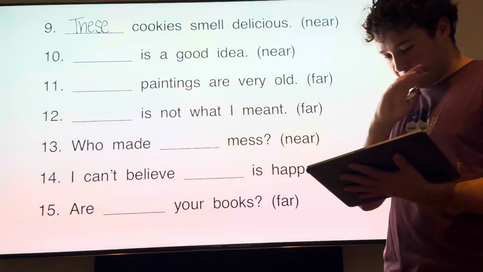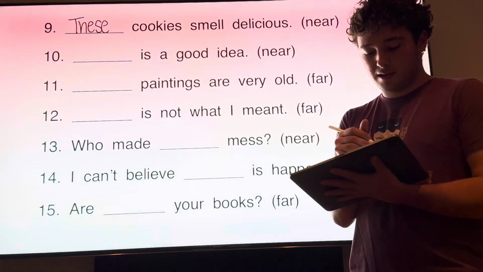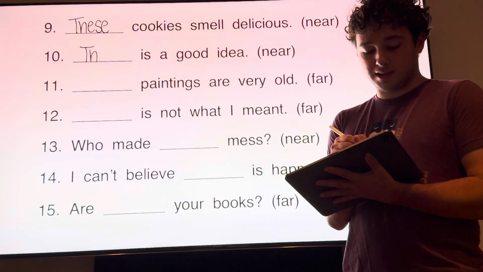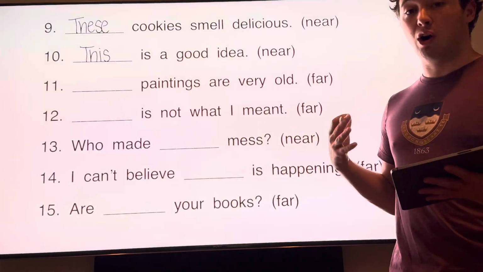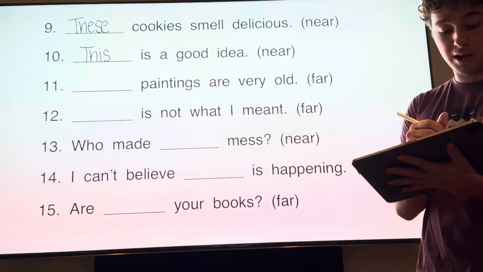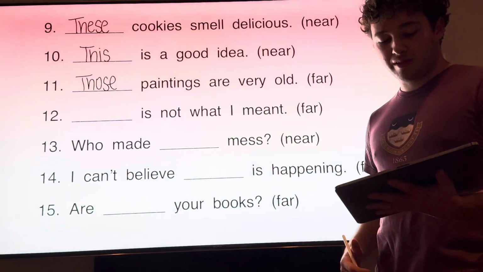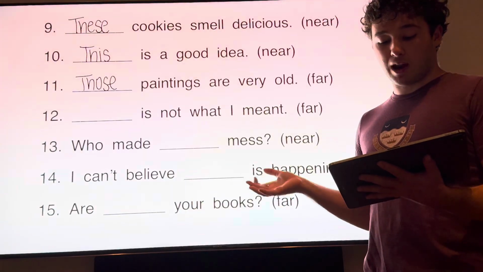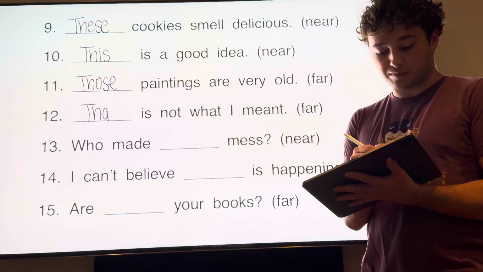Near and plural. Blank is a good idea. Near, so it would be this. Blank paintings are very old and they're far, and plural, is those. 12, blank is not what I meant, singular and far, that.